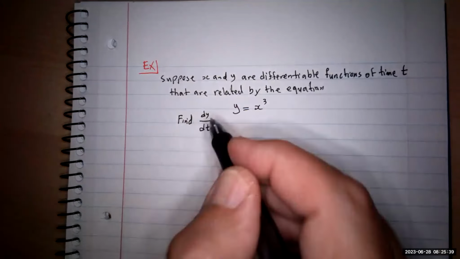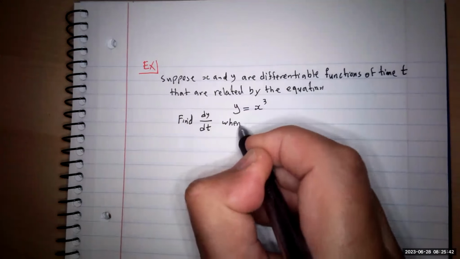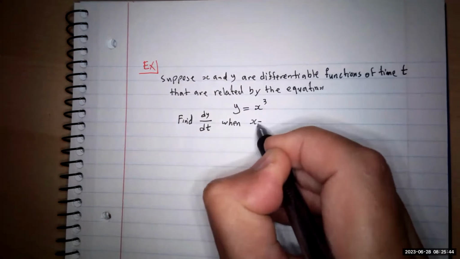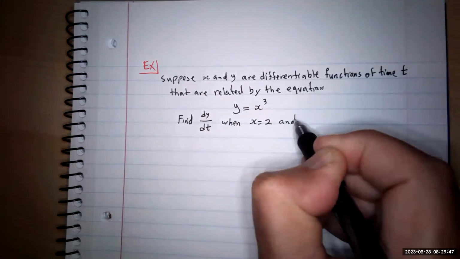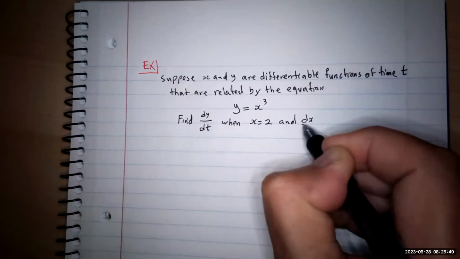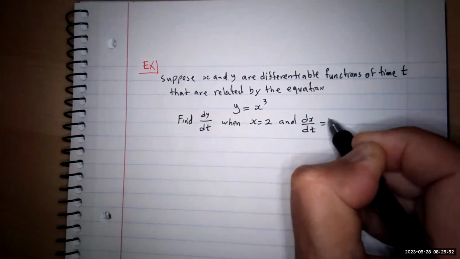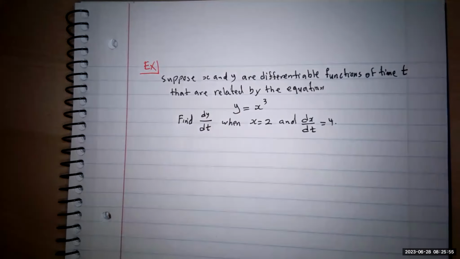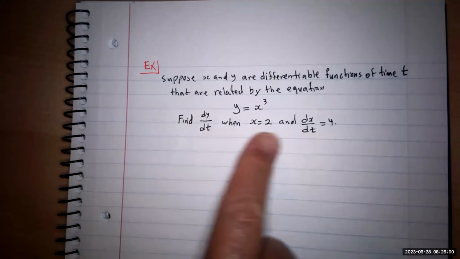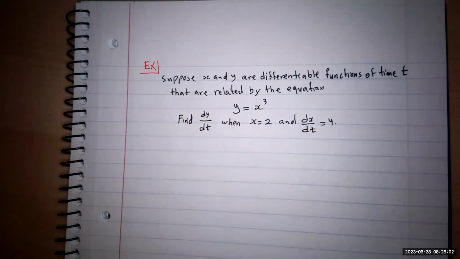When x is equal to 2 and dx dt is equal to 4. This problem is an abstract problem. If it were an application problem, they would have units, like miles per hour, kilometers, centimeters, inches, yards, etc. So this is the problem they're going to have.